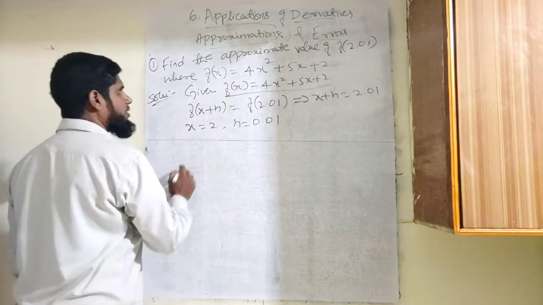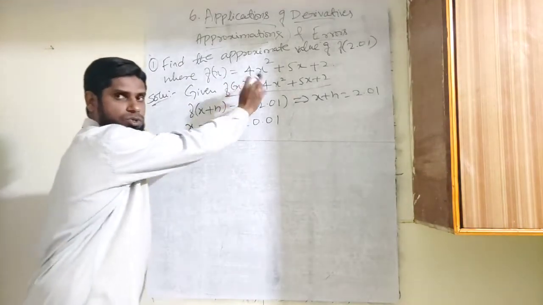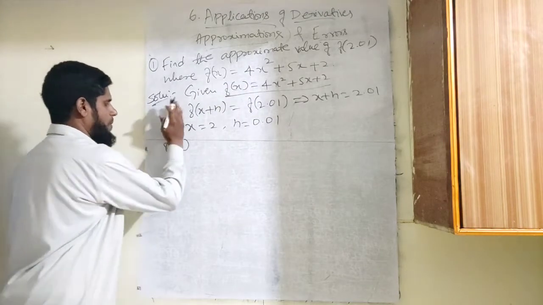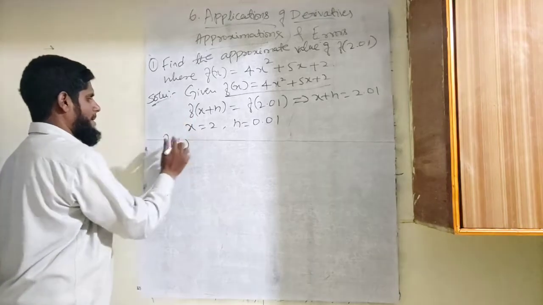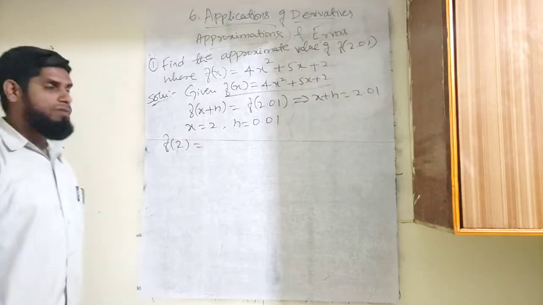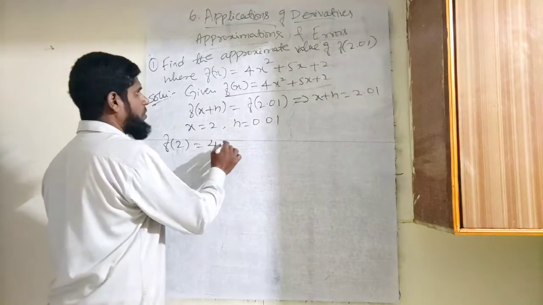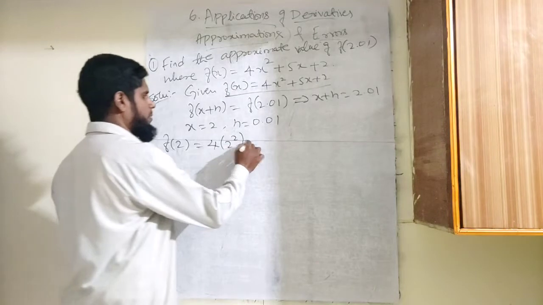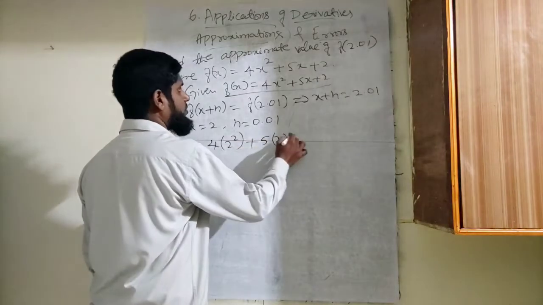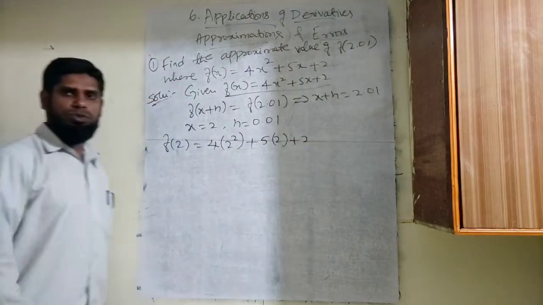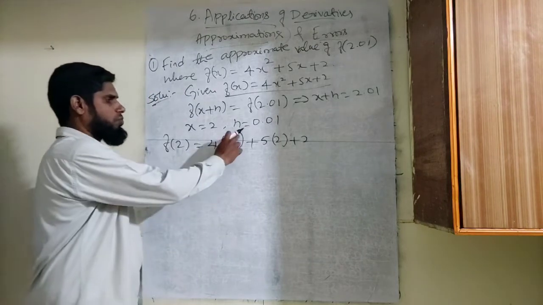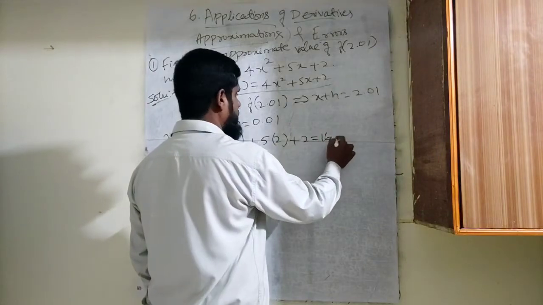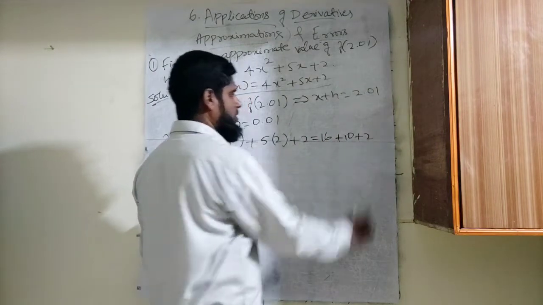So let me find the function value at x is equal to 2. So f of 2 is equal to 4 into 2 square plus 5 into 2 plus 2. 2 square is 4, into 4 it is 16, plus 10 plus 2.